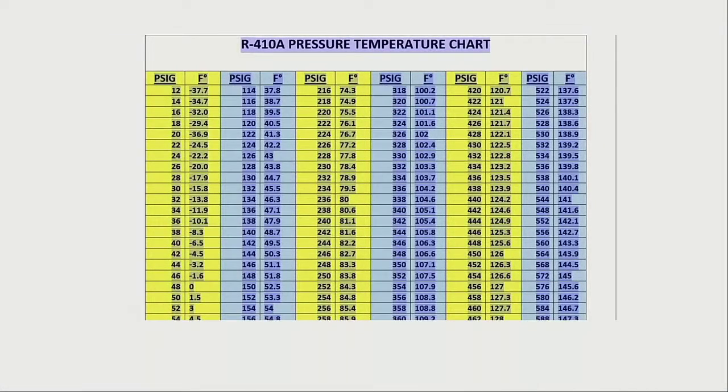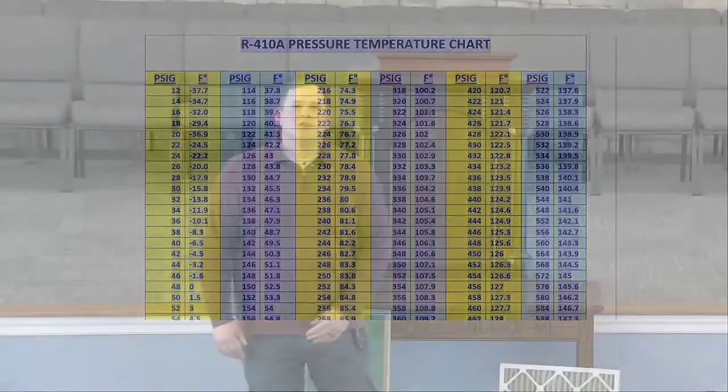Briefly, I want to show you a Freon pressure temperature chart. Someone a lot smarter than me has sat down and decided that for every pound of pressure your Freon is running, that is equal to a temperature.